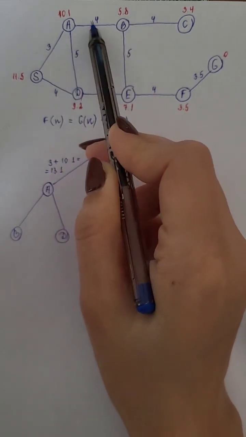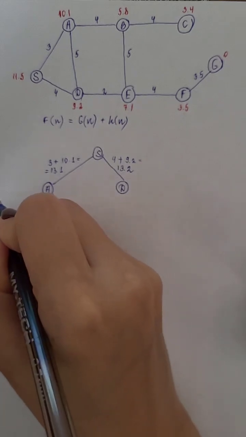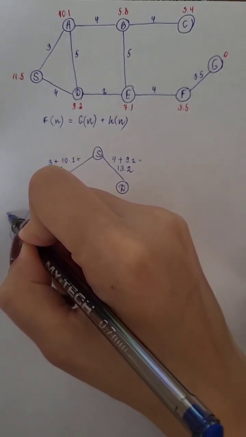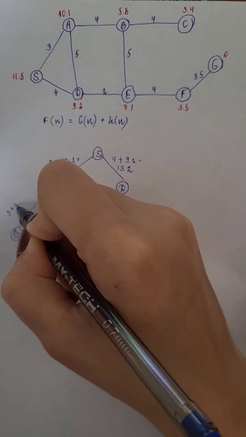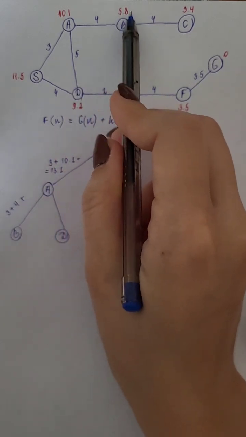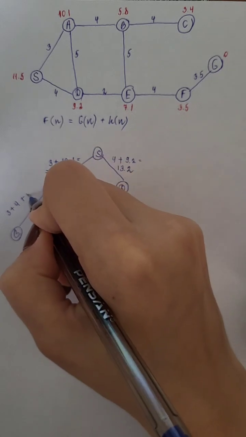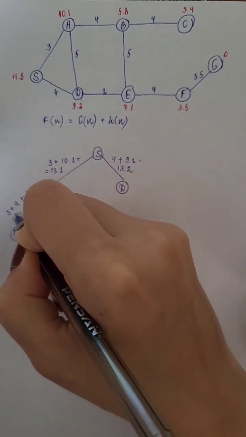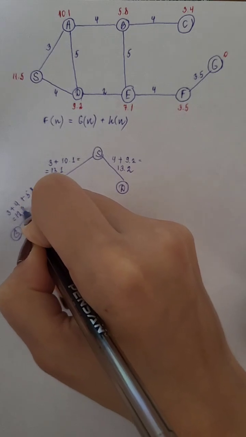This is 3 plus 4, yes? So I will write here 3 plus 4 plus, what's the heuristic value of B? It's 5.8. So I will write here, it equals 12.8.